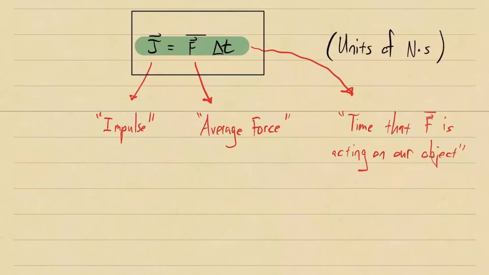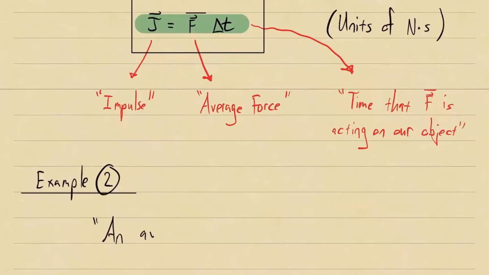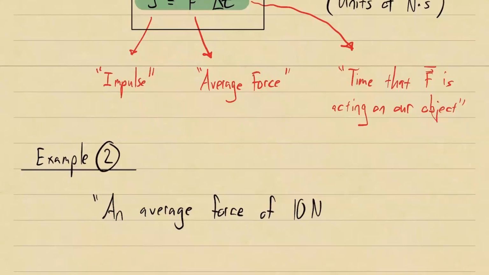So this is going to be example 2. Example 2 says an average force of 10 newtons is exerted for 0.2 seconds on a box.